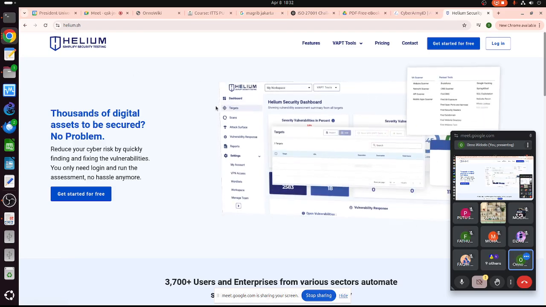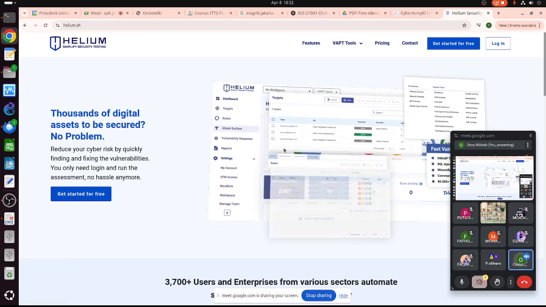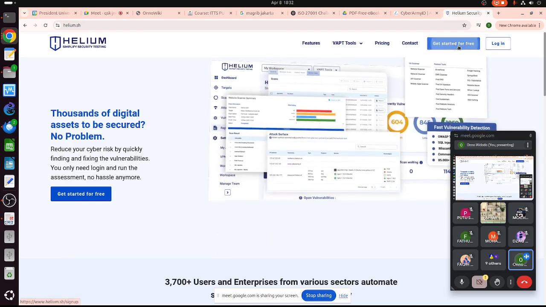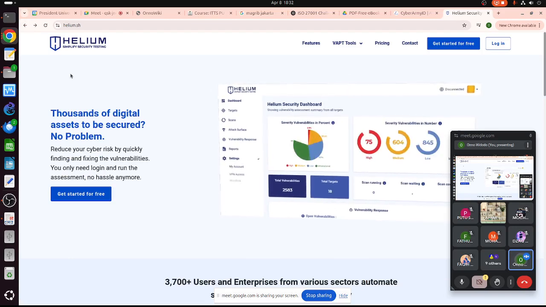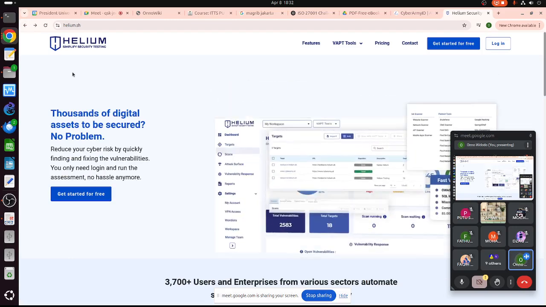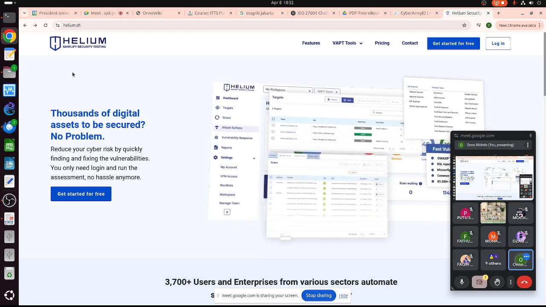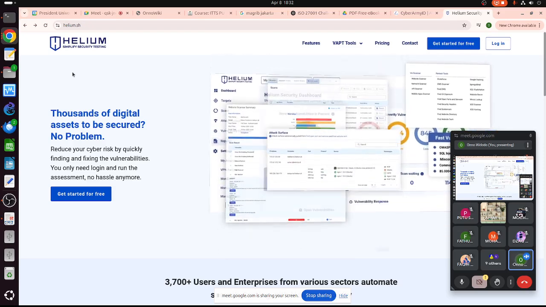Helium.sh. You can start for free. Get started for free, and you can enter your email and so on. But basically, this is a platform to do vulnerability analysis. This is part of the auditing for cybersecurity.